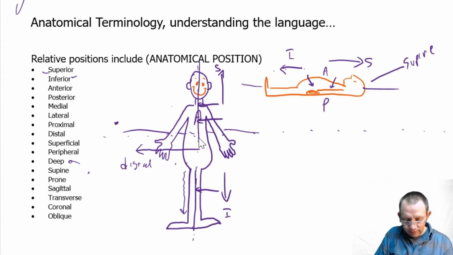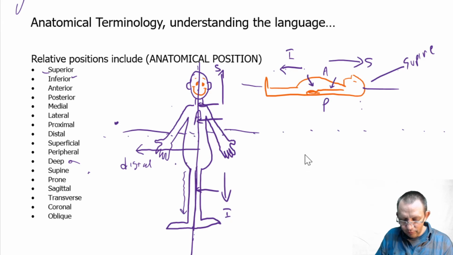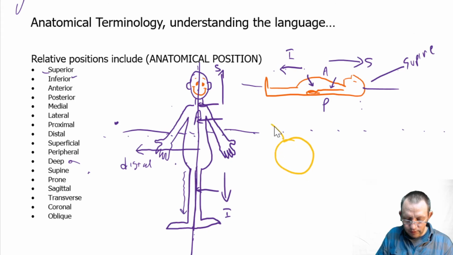Sagittal, we talked about that. That's this line through here. And if we cut him through, we're looking sagittally. This is a sagittal view. If we're looking at the front of him, this is a frontal view or coronal view. So corona is really, okay, you've seen, let's see, let's go like this. Here's the sun.